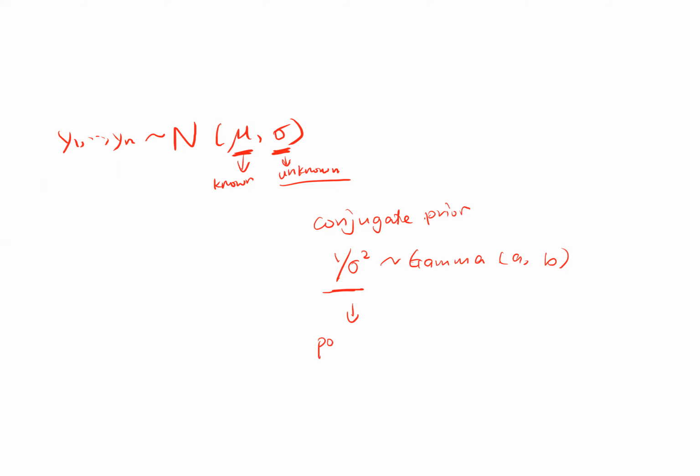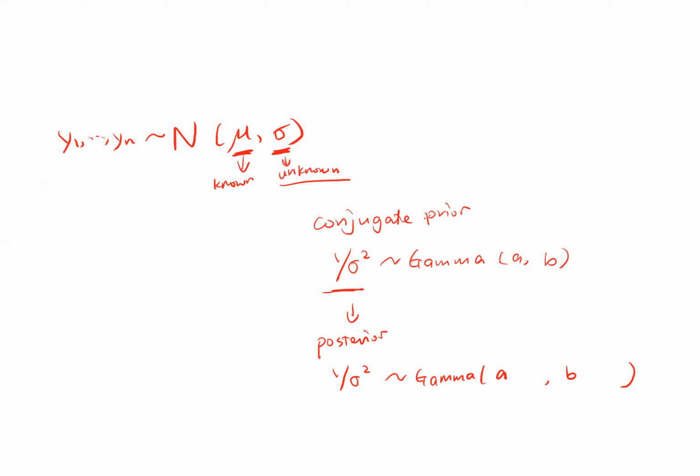The posterior is what? Anybody remember what it is? The posterior of 1 over sigma squared is gamma, A and B what? One of the terms will add the sum of the yi.